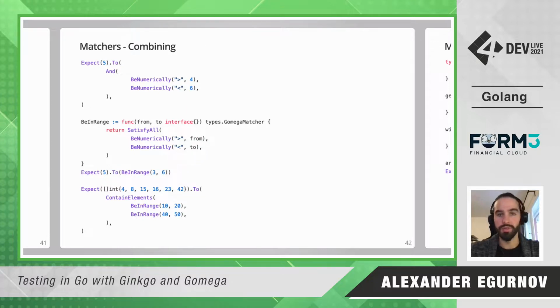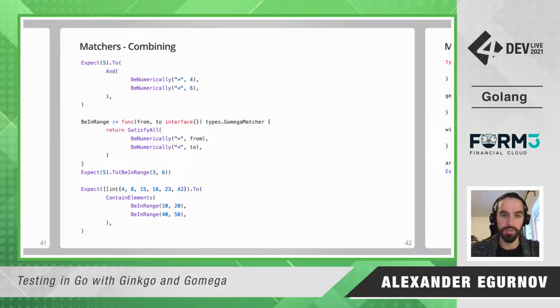So you can do it with every assertion. Almost all of the standard Gomega matchers can take another matcher. So as you see here with ContainElement, I actually want to see in the array two elements, one between 10 and 20 and another between 40 and 50. I don't really care which elements in which order they come.